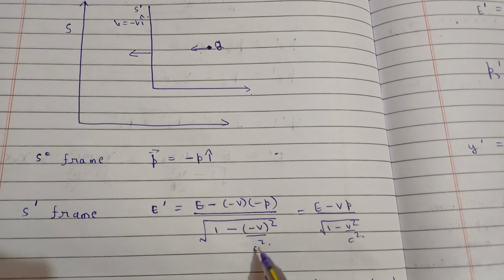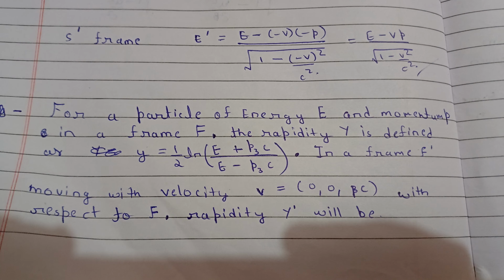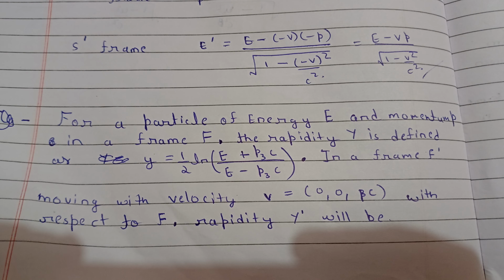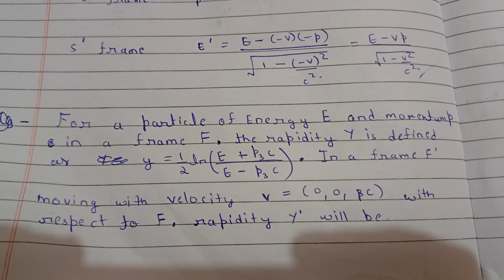Now one more question. For a particle of energy E and momentum P in a frame F, the rapidity y is defined as this. In a frame F prime moving with velocity v equal to 0, 0, beta c with respect to F, the rapidity y prime will be... So we need to calculate this expression in the F prime frame.